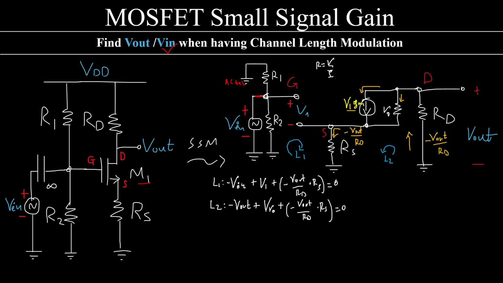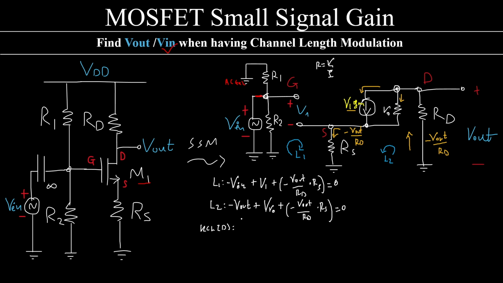Well, now I notice that I can do a KCL on this node here, node D, the drain of the device. If I do a KCL on D, this is step number 3, in order to find all of the missing currents, because we have here a voltage which we cannot express with something that we know in this circuit.